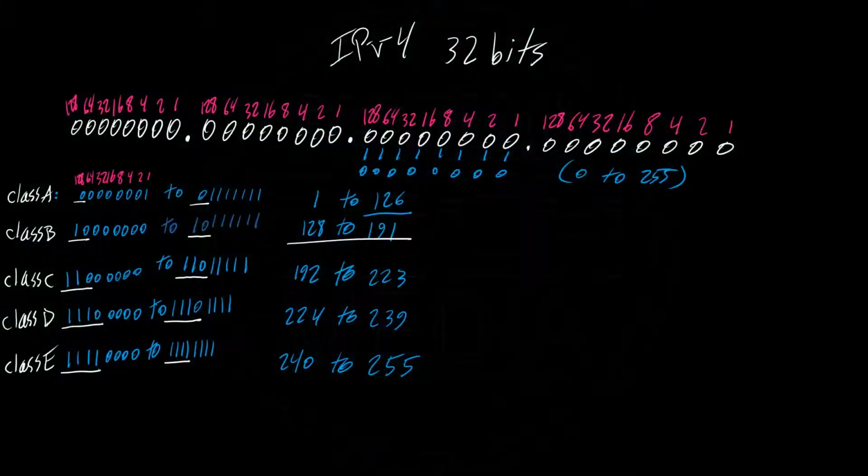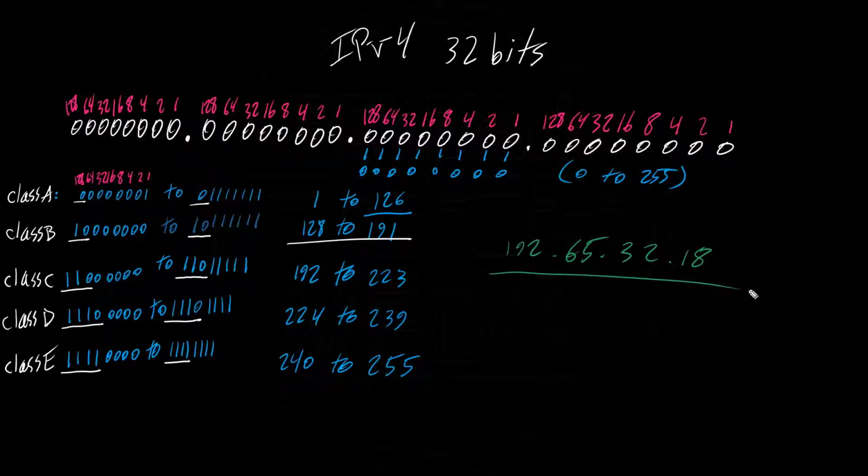Before we get into the subnet mask, what is the purpose of subnet mask? It basically determines what section of IP version 4 belongs to the network and what section of the IP address belongs to the host. For example, when we have an IP address of, let's say, 192.65.32.18, looking at this IP address, the first octet 192 falls into class C. So what is the default subnet mask for class C?